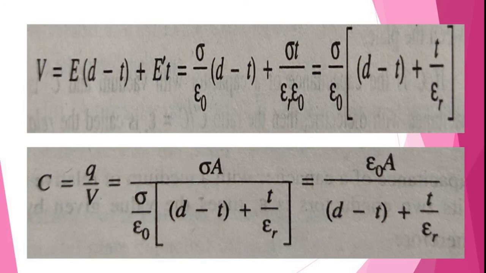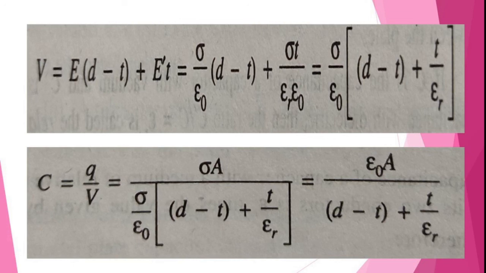An air capacitor has a capacitance C equal to epsilon 0 A by d, isn't it? To compare it with that, just divide the numerator and denominator of this equation by d. So what you will get? Epsilon 0 A by d divided by 1 minus t by d plus t by epsilon r d.